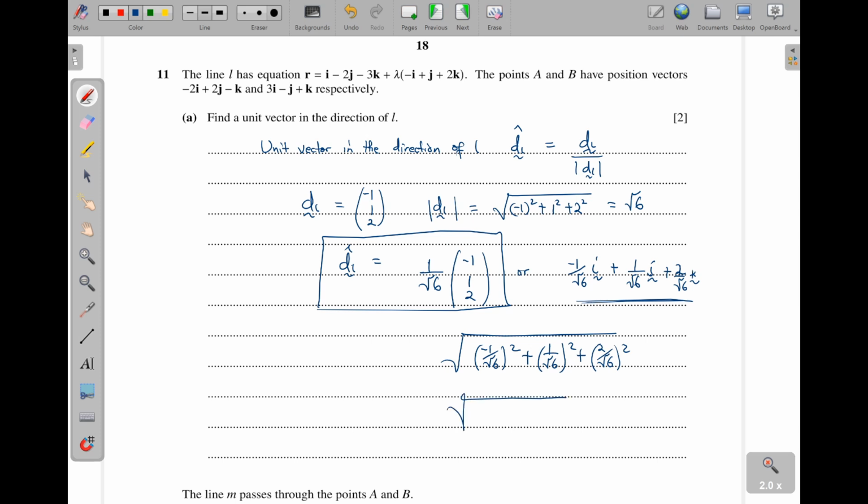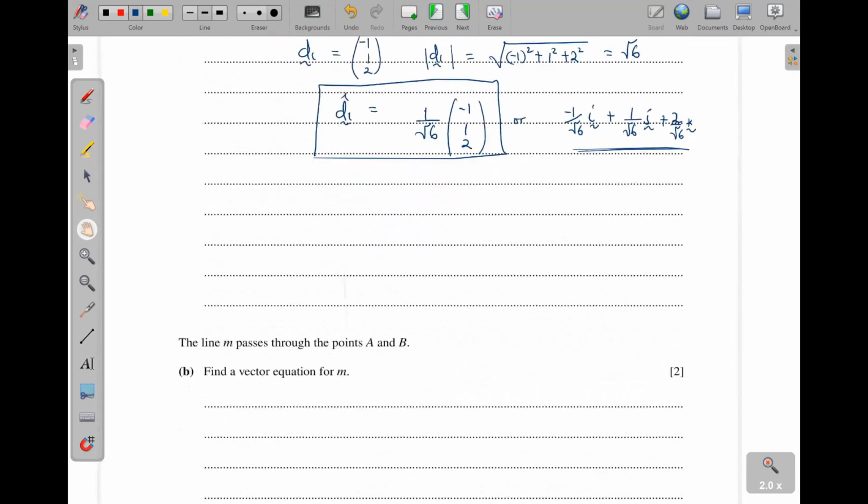Now here I will have a 1, a 1, and also a 4 up. Down here, when I square the square root of 6, it is going to give us a 6. So all of it together is 6 over 6. So you get a 1. A unit vector has its length as 1.